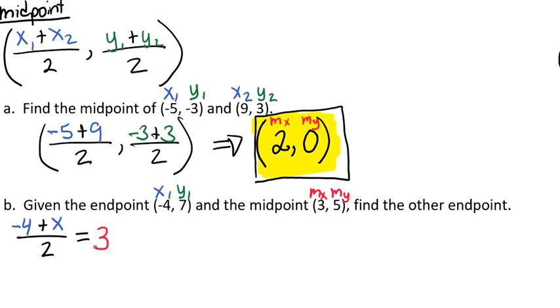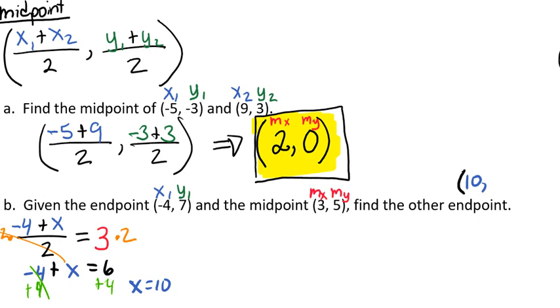Then we would simply solve for x. We would multiply both sides by 2, and that would give us -4 plus x equals 6. Then we would add 4 to both sides, and that would tell us that our missing value was a 10. So our other endpoint would be 10, something.